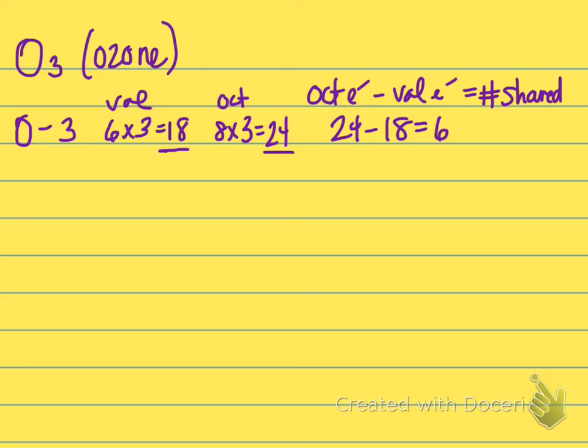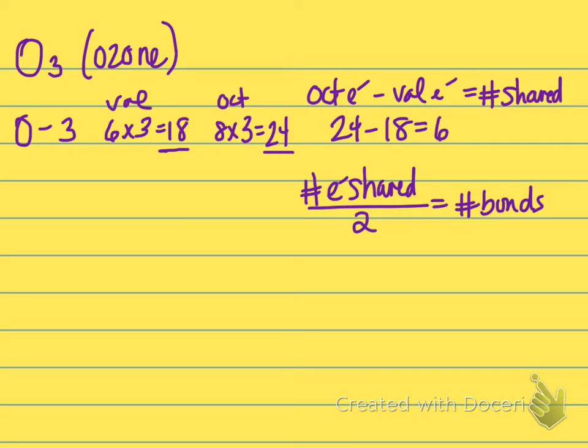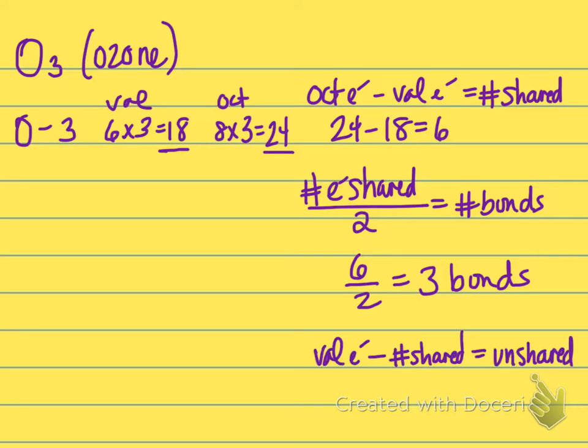In this case, 24 octet minus 18 valence gives us 6 shared electrons. The number of shared electrons divided by 2 will tell us how many bonds we need, and that tells us we're looking for 3 bonds. While we're at it, we might as well figure out how many unshared electrons we're going to have. Valence minus the number shared gives us unshared, and in this case, we will have 12 unshared electrons.